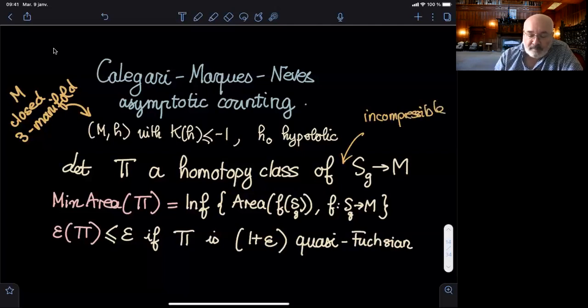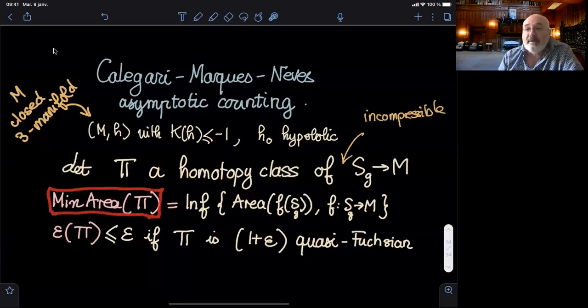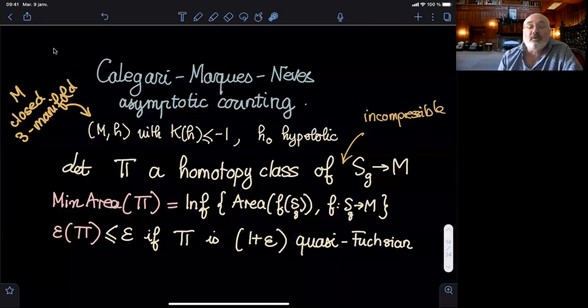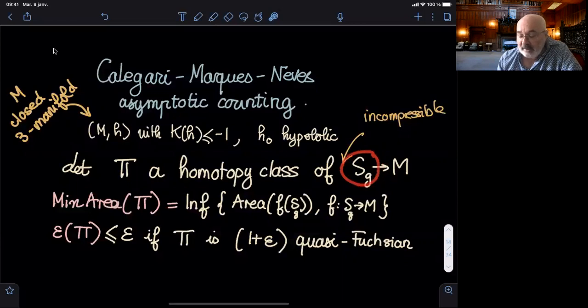Then I define the minimal area of pi, which is the infimum of all the possible areas of the maps F from S_G to M. So for instance, if instead of taking a surface, I would have taken a circle, I would just end up with the length of the closed geodesic in the homotopy class. Right?